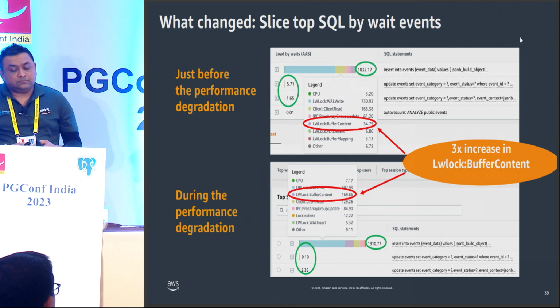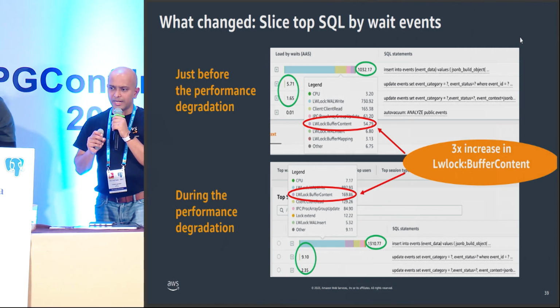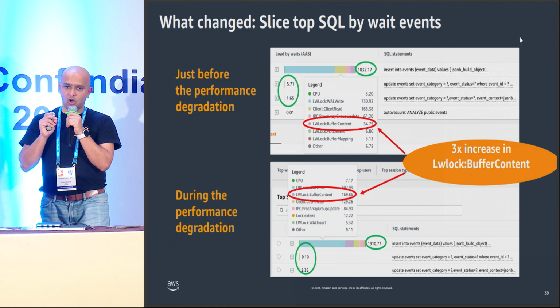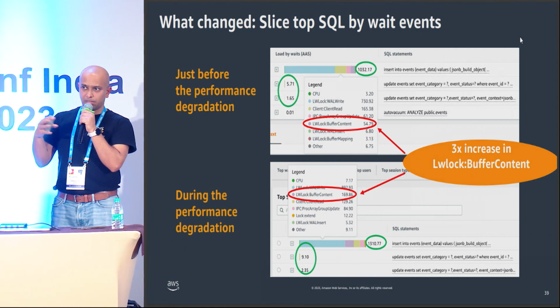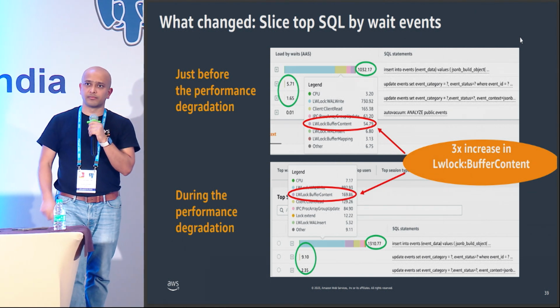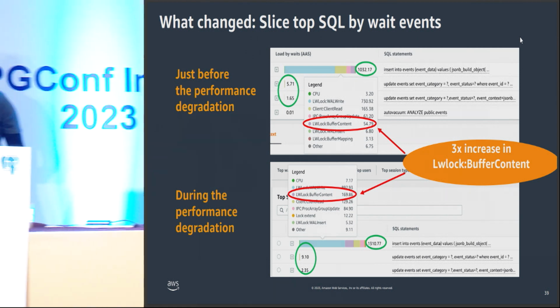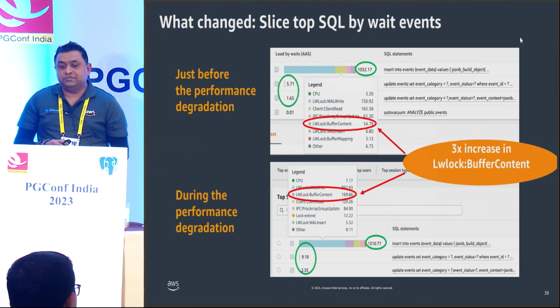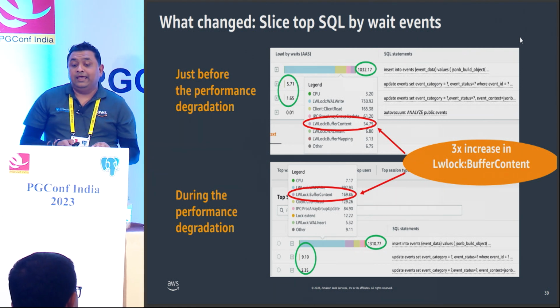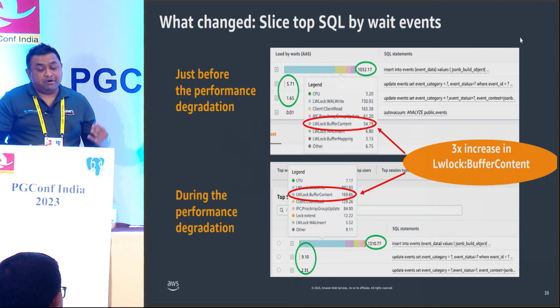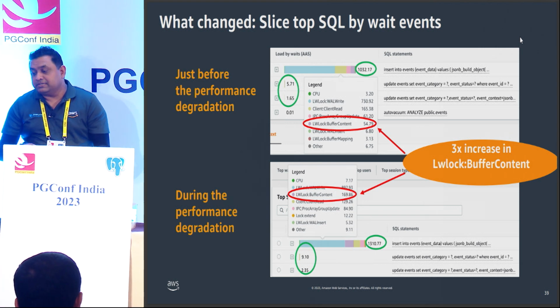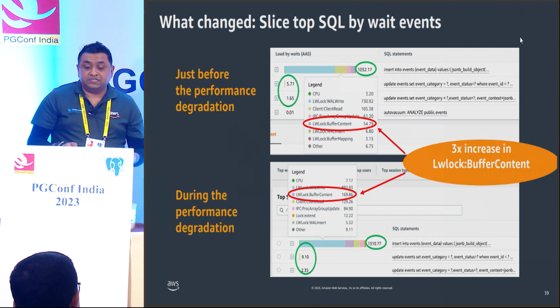Okay. Could you identify which buffer, or what was the content of that buffer, which was under contention? So today, the wait events framework in Postgres does not help identify which buffer page was the point of contention, or what was specifically in that buffer.